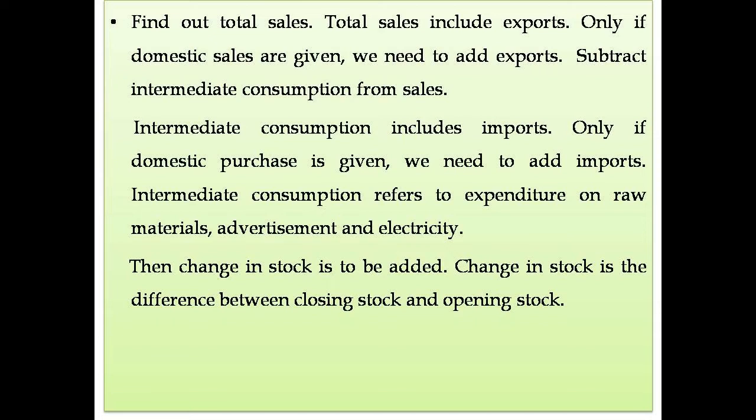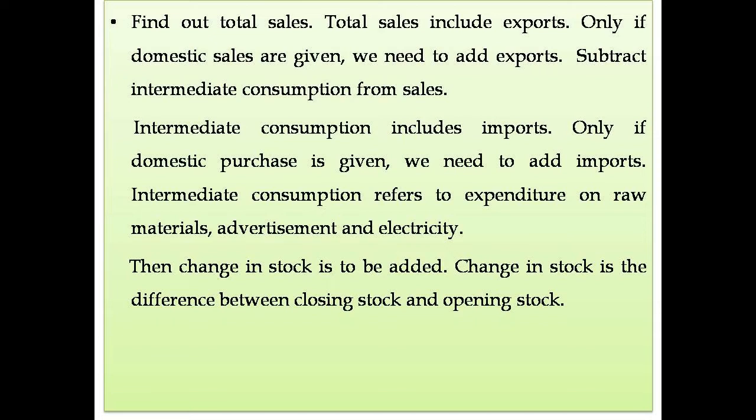But if domestic purchase is given, we need to add imports to get intermediate consumption. If these are not given, and raw material expenditure, advertisement expenditure and electricity are given, add them up and you will get intermediate consumption.